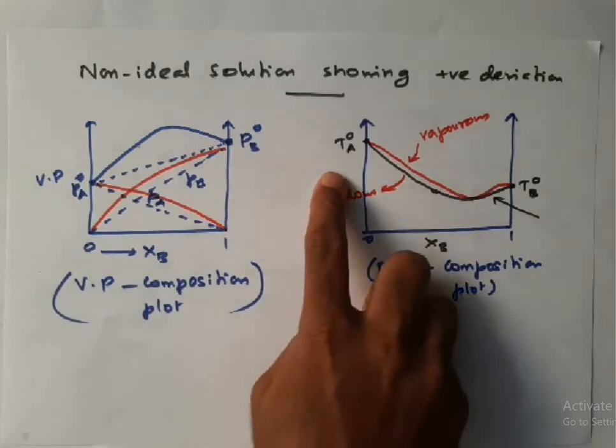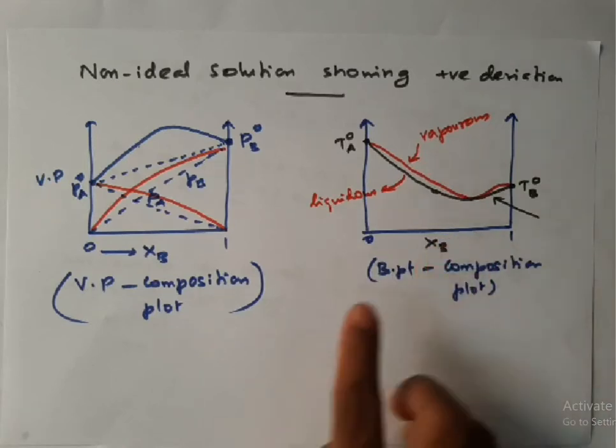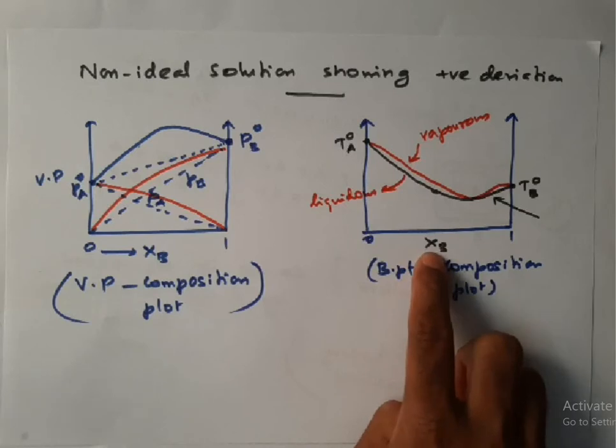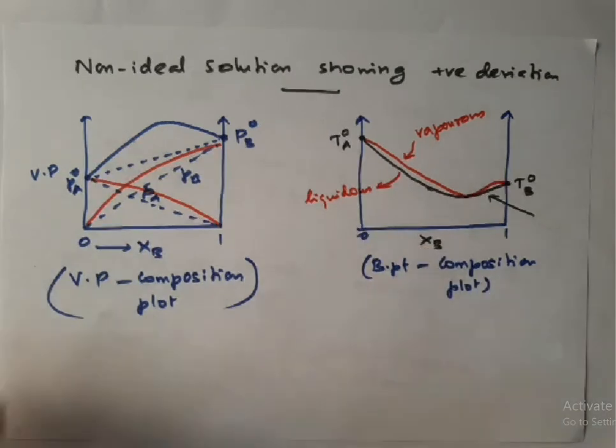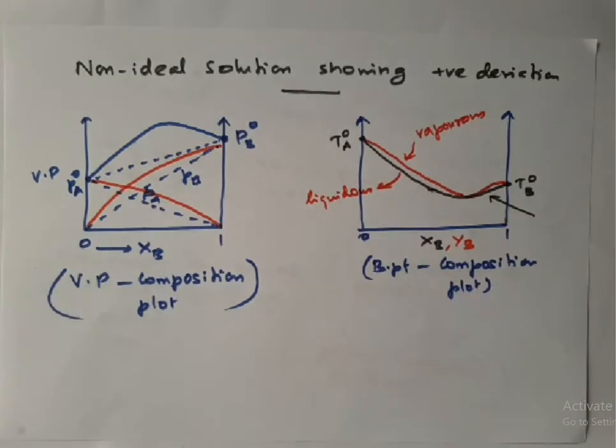In the y-axis we have boiling point, and in the x-axis I have plotted mole fraction of B. XB is the mole fraction of B in the liquid phase, and YB is the mole fraction of B in the vapor phase. Students, observe this carefully.